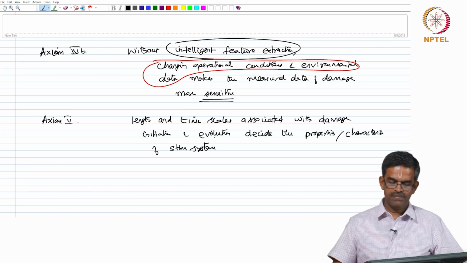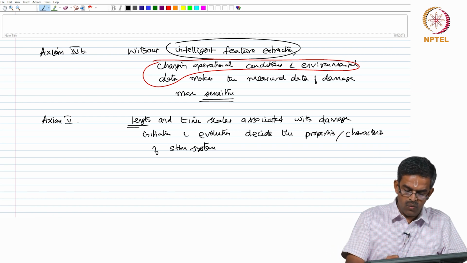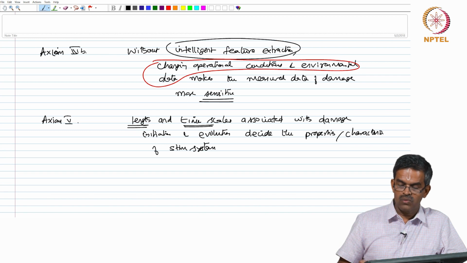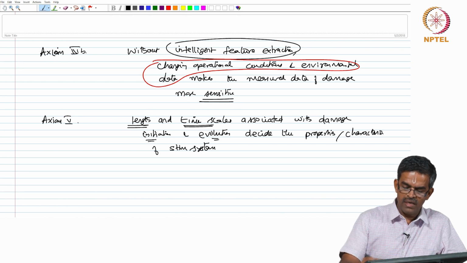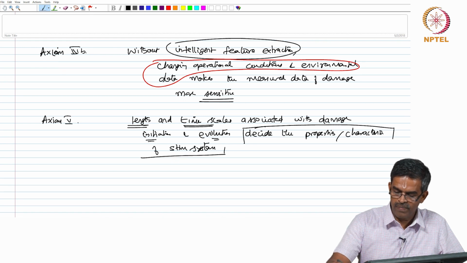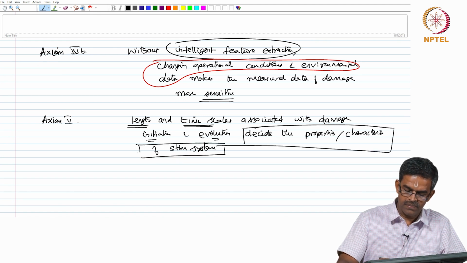They govern how long and at what interval you want to measure the damage parameters to really identify damage initiation and evolution. It decides the characteristic of your health monitoring system. That is very important.